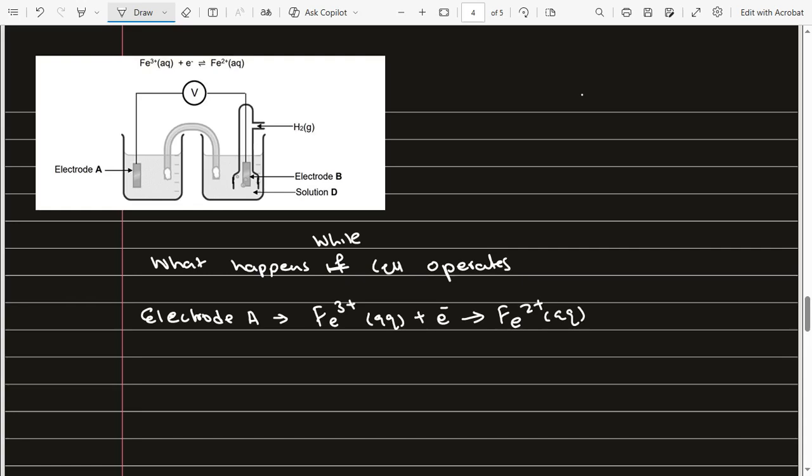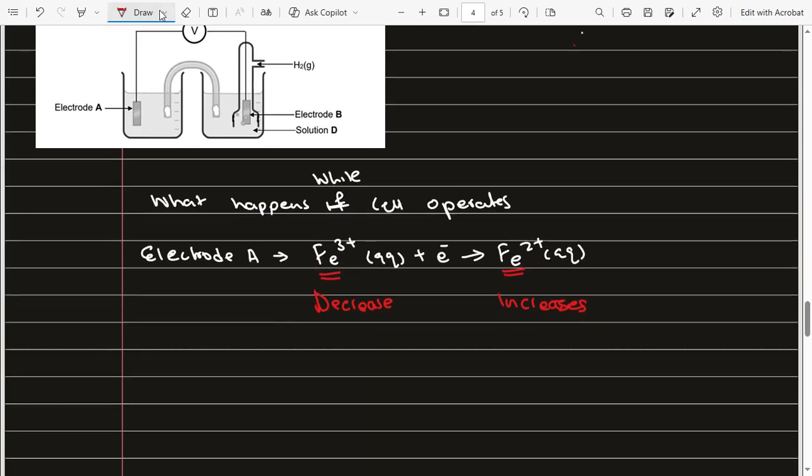So we can note that the Fe3 plus decreases, and then the Fe2 plus increases. That is what is going on at electrode A.